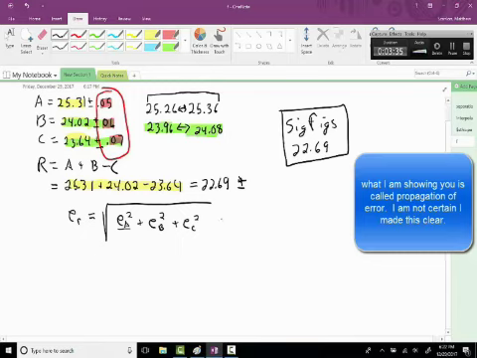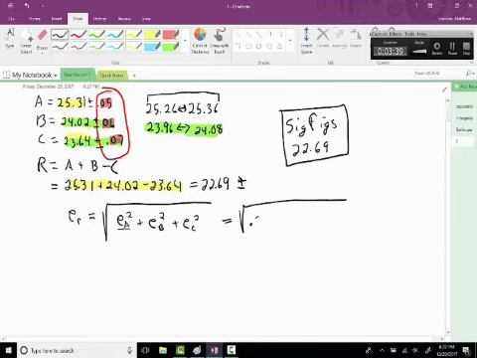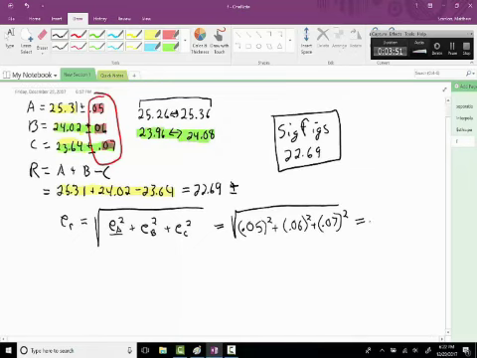And so our value here is going to be the square root of 0.05 squared plus 0.06 squared plus 0.07 squared. And that gives us a value equal to 0.104.